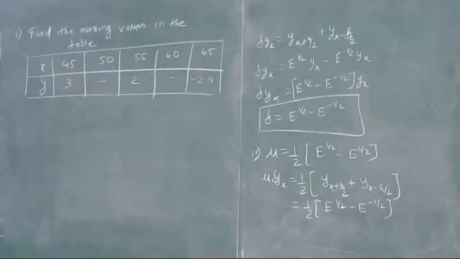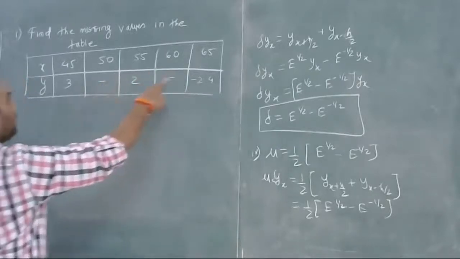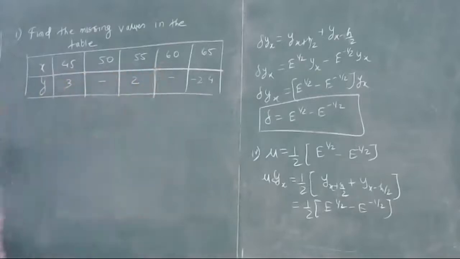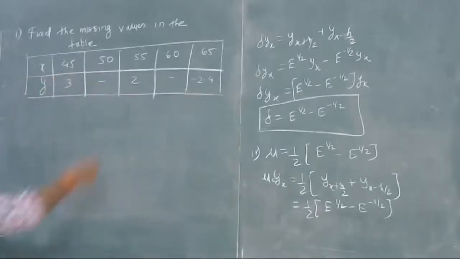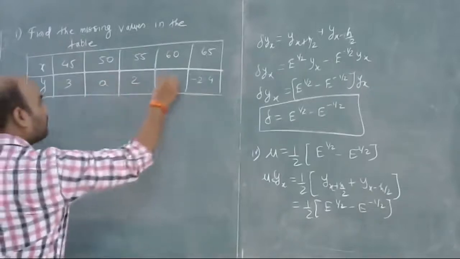So you have to find the value of these two unknown terms, corresponding to x equal to 50 and x equal to 60. Let's suppose the values of these two unknowns are a and b.